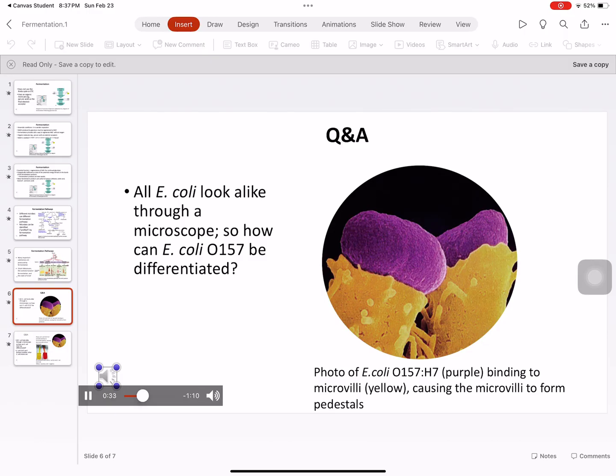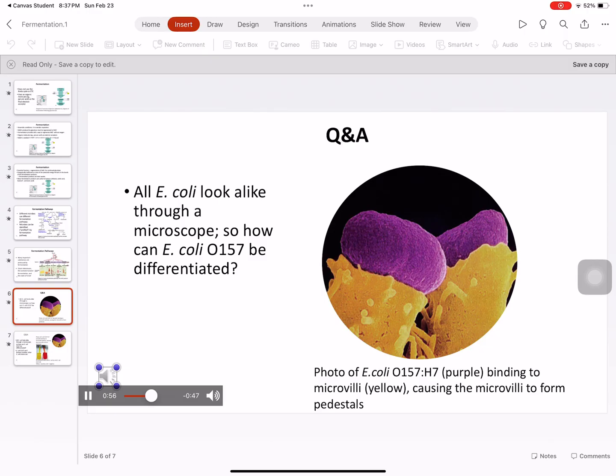They all look alike in a microscope. They're all gram-negative short bacilli. So how can we determine whether we have E. coli O157 versus just regular E. coli?